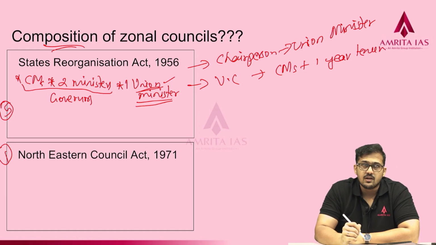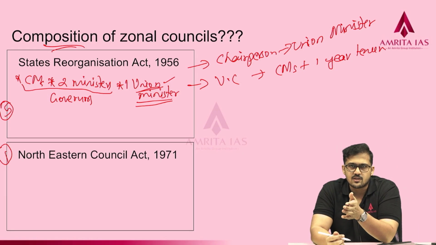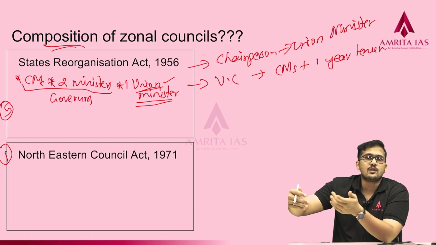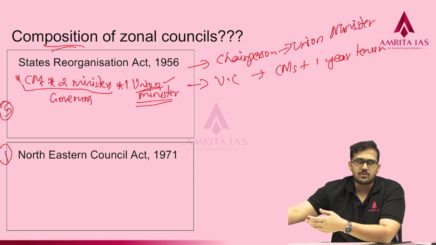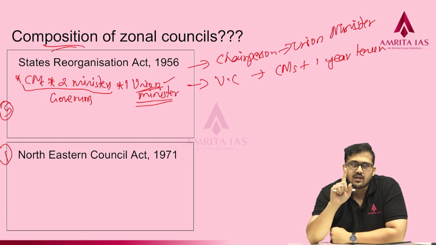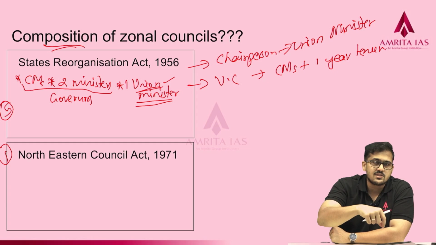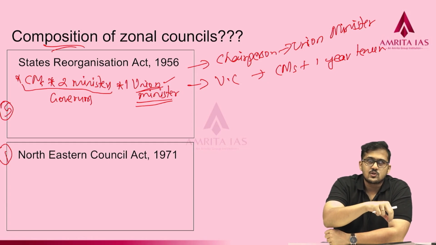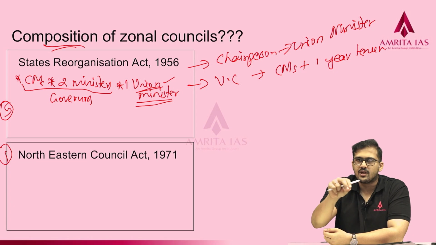Say, for example, if for 2026 the Chief Minister of Kerala is the vice chairperson, for 2027 it could be the Tamil Nadu Chief Minister, for 2028 it could be from Andhra Pradesh, and likewise. So, in a 1 year tenure, the chief ministers of each state will act as the vice chairperson of the zonal councils created as per the States Reorganization Act of 1956.